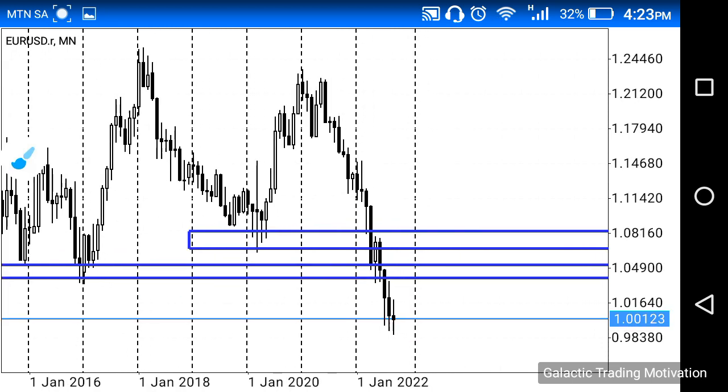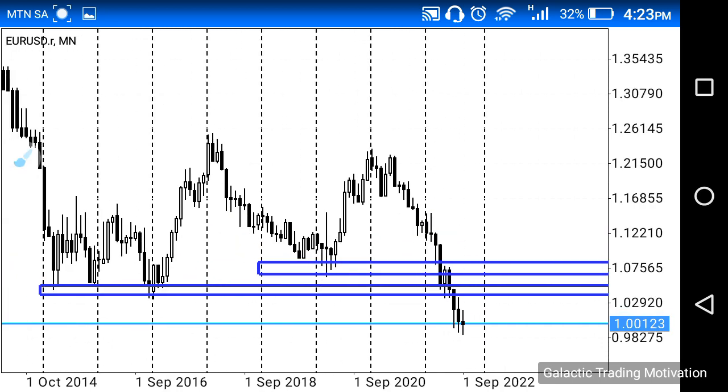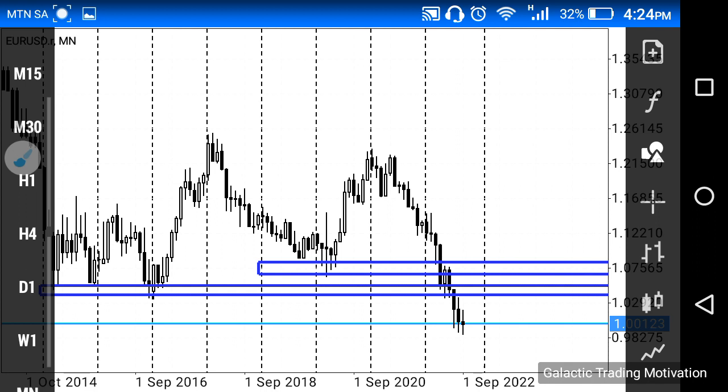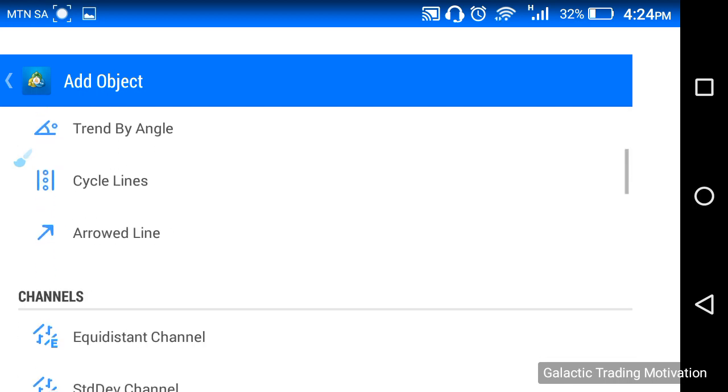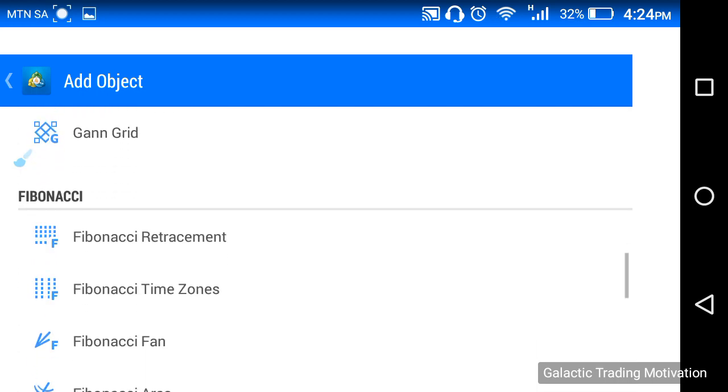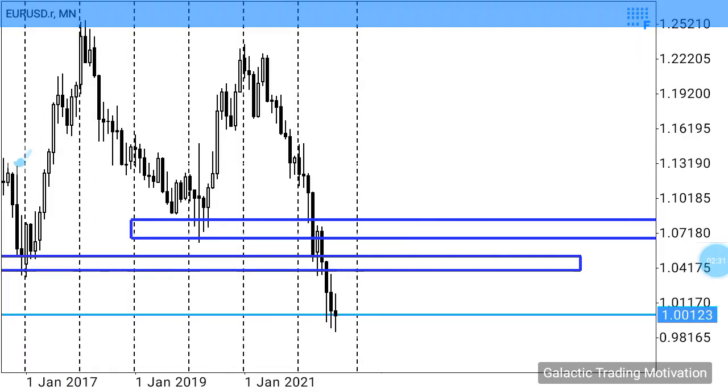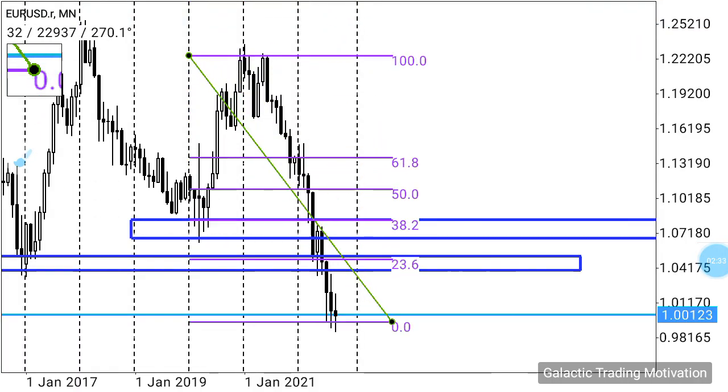So the next thing that I'm going to do in regards to the monthly chart of EUR/USD is utilize the Fibonacci retracement tool. We just want to have a look in terms of whether those two areas align with any of the key numbers that we have on the Fibonacci retracement tool.